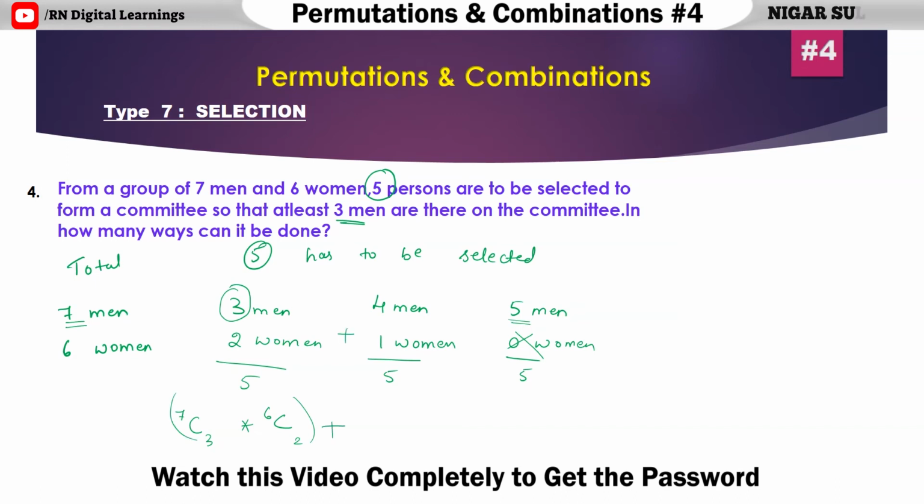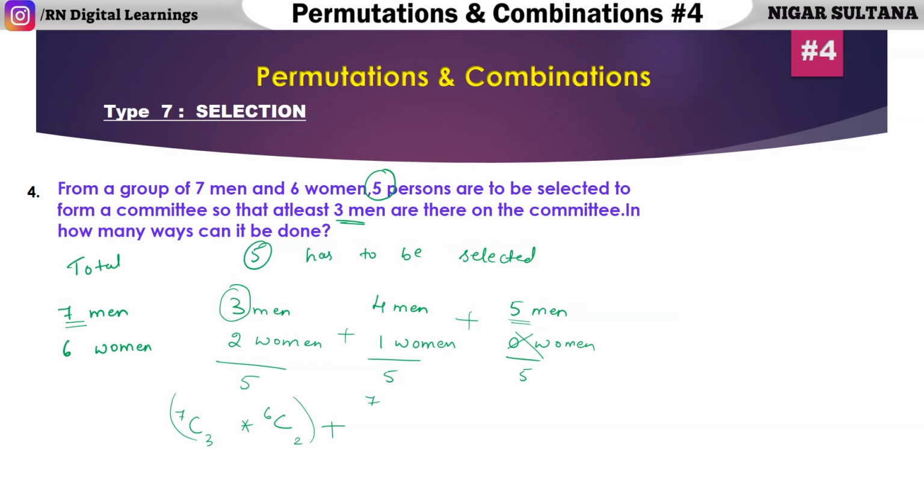Now this can be written as 7 men, 4, this is 7C4 star 6C1, okay, this is 6, 1. Now plus, so how many men? 5 men out of 7. So in this way we need to write.